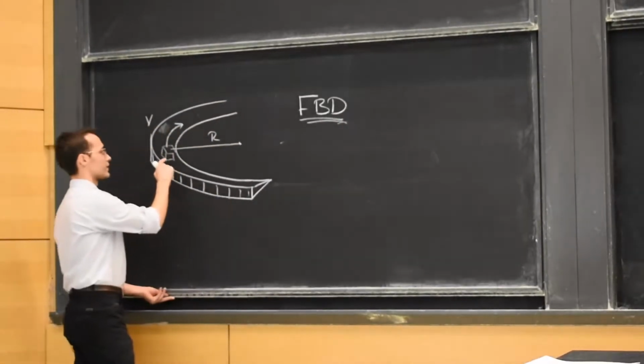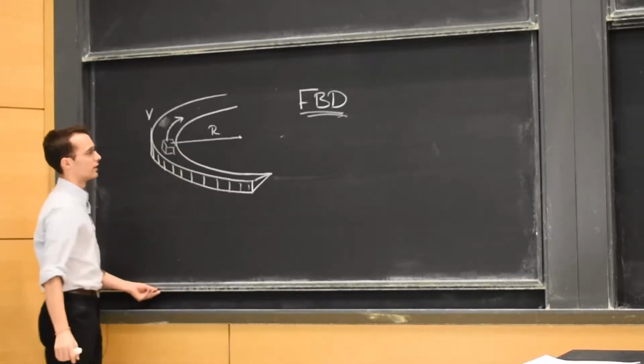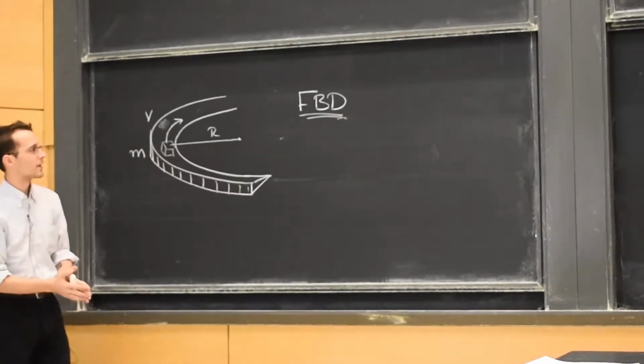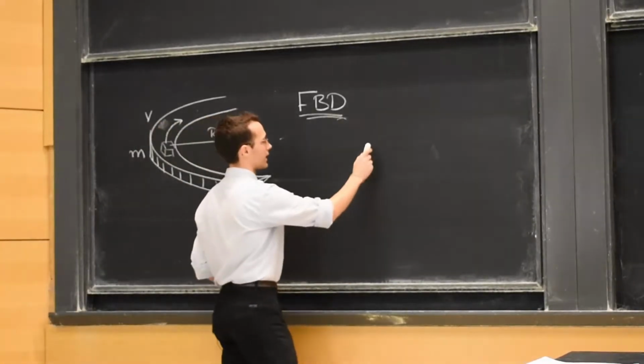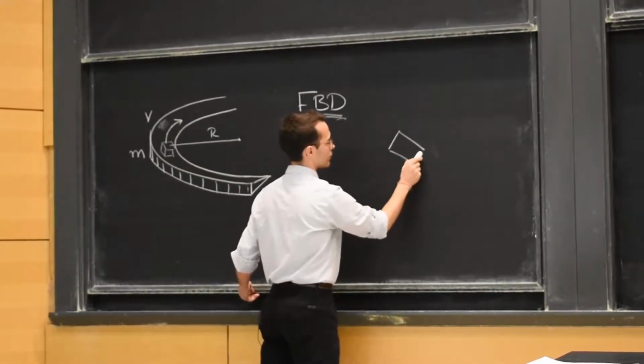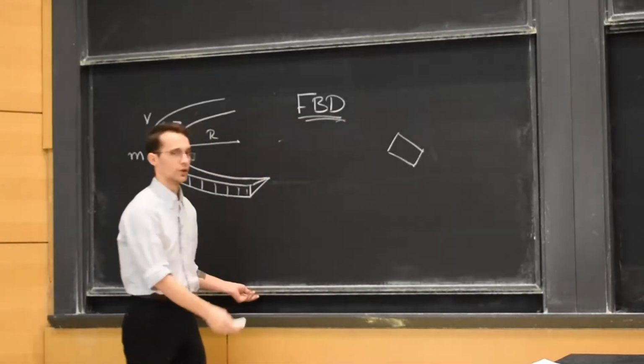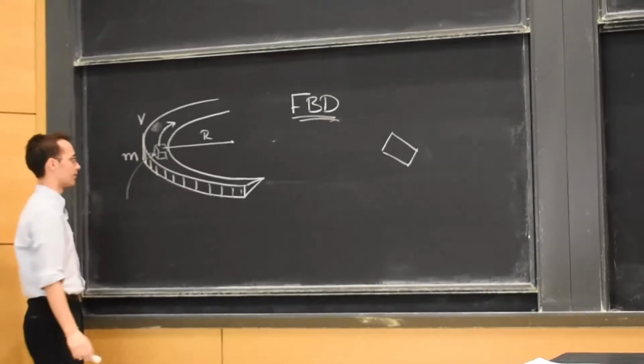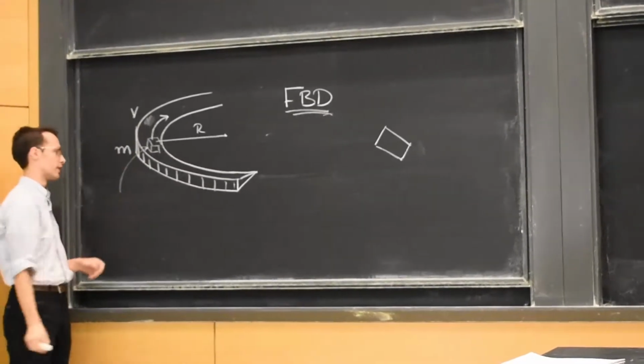So for this particular scenario where we're interested in the car, and we'll say the car has mass m, then our free body diagram will be simply the car itself, and we're looking at this area. This is where we're looking. That's our free body diagram.